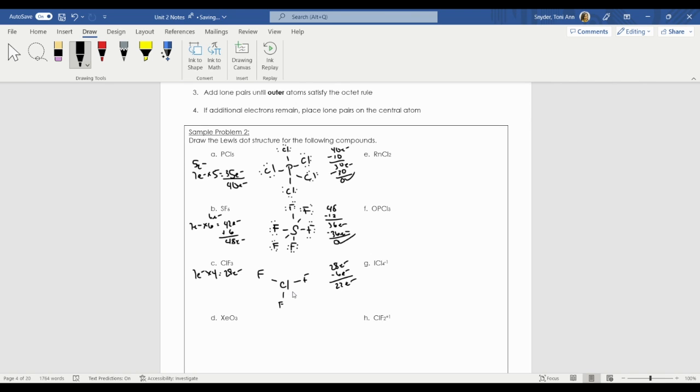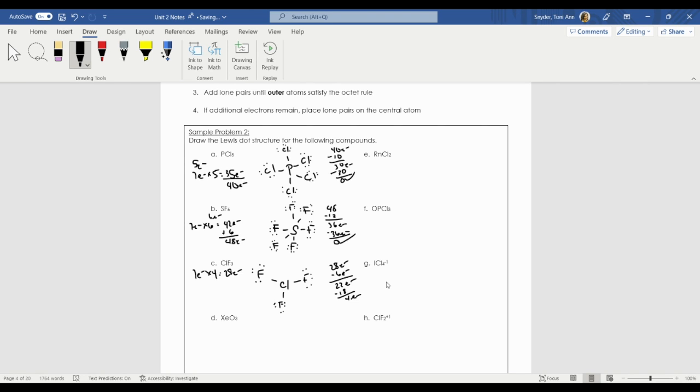Step 3, add lone pairs until the outer atoms satisfy the octet rule. So fluorine's got 1, 2, 3, ... 17, 18. Okay, so it looks like I have 4 electrons that still need to be placed somewhere in this structure.